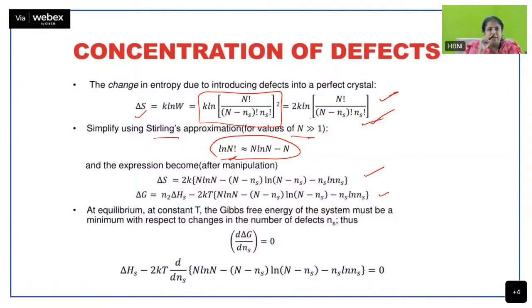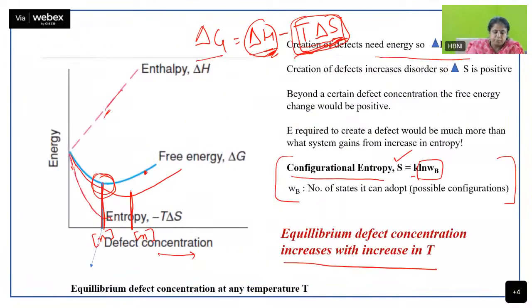Okay. Then your delta G is ns delta H minus T delta S. This was only delta S multiplied by T. Okay. And then put this in. Remember this figure: I want to calculate the defects at the minimum with respect to defect concentration.